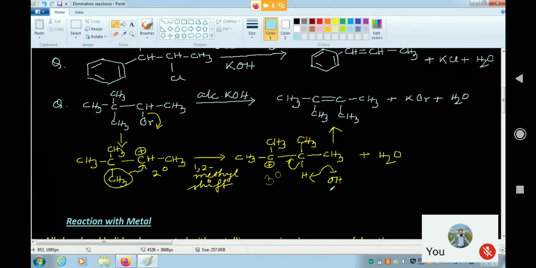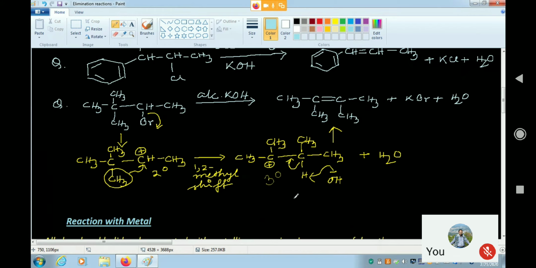Overall we can see that in this particular case the halogen atom and hydrogen atom are both eliminated from the same carbon. So these are the different possibilities of dehydrohalogenation reaction of alkyl halide.